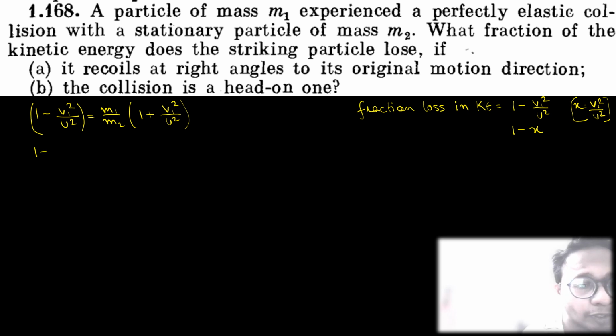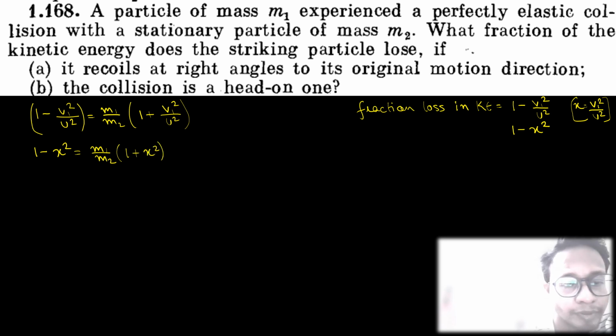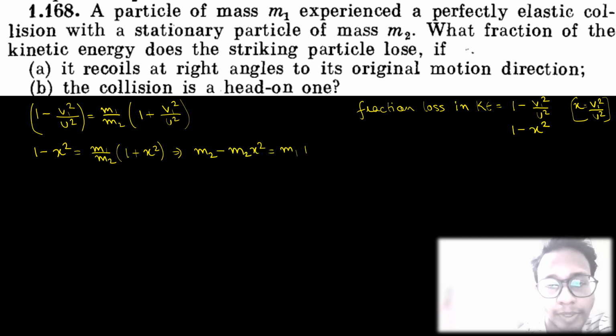So I can modify this equation as 1 minus x square is equal to m1 by m2 into 1 plus x square. If I cross multiply, m2 minus m2 x square is equal to m1 plus m1 x square.